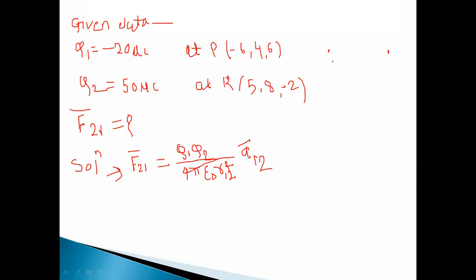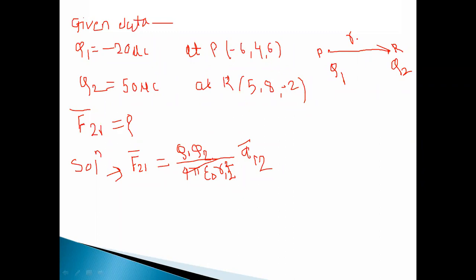These are the two charges. Our formula will also change here. Q1 charge is given here, Q2 is here. The distance between them is R, but point P is located here and point R is here. Now what will be the suffixes for distance?